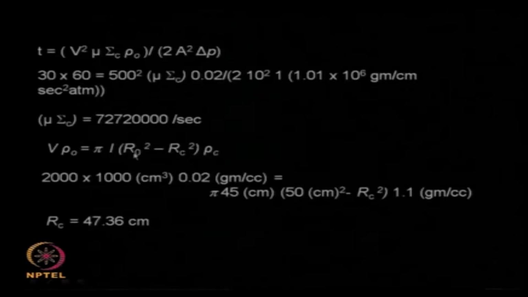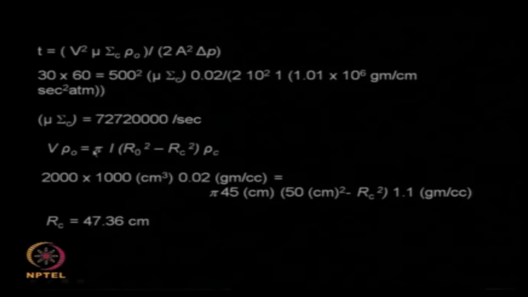So you have V into rho naught, V is the volume that needs to be filtered in liters, so we can convert that into cc, and then rho naught is the density, so that gives the amount of solid material that needs to be filtered, that is on the left hand side. Now on the right hand side we can do the amount of solids that is going to get accumulated in the centrifuge.